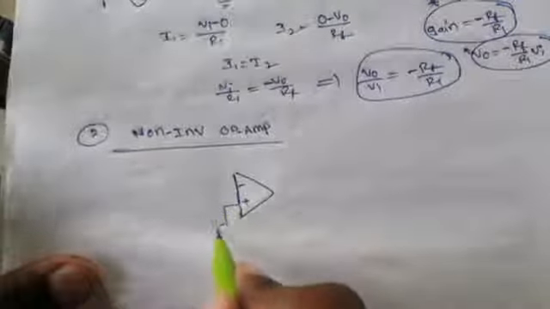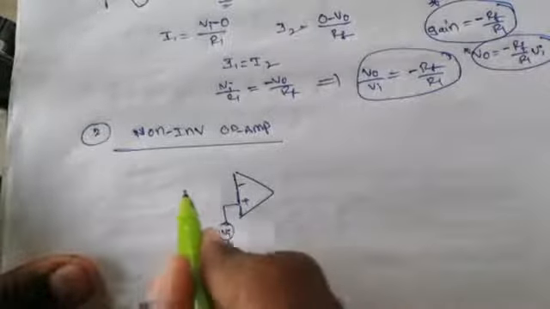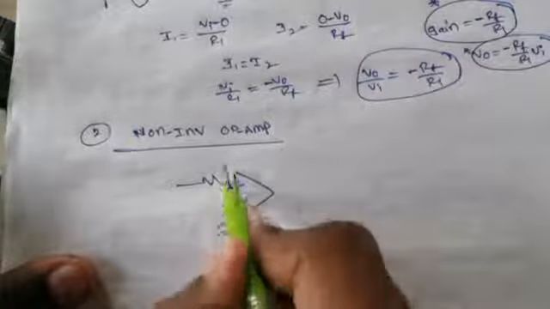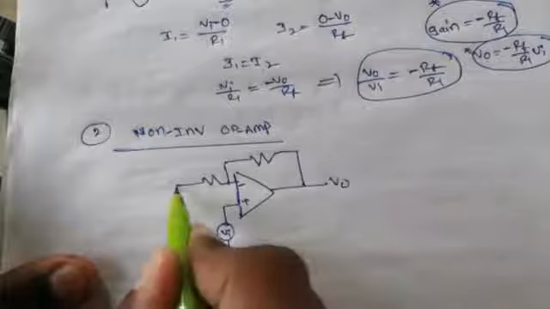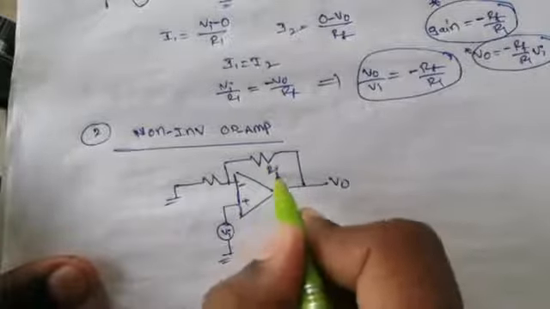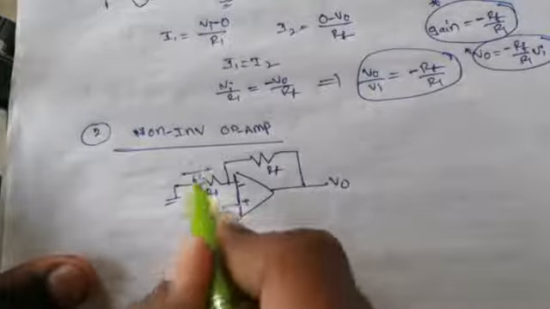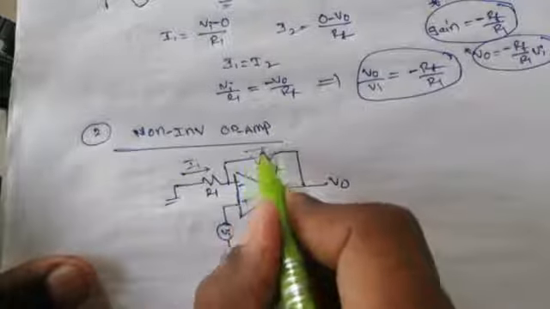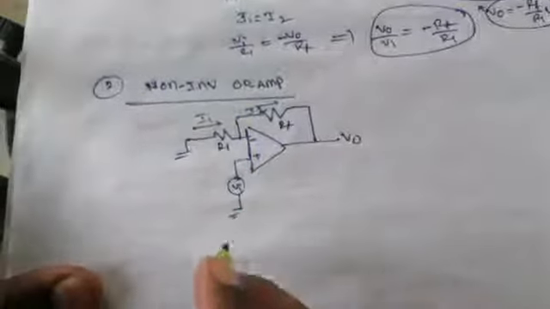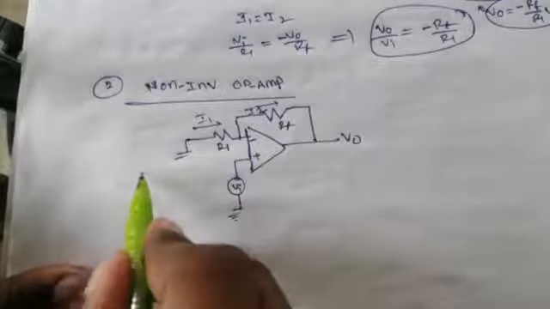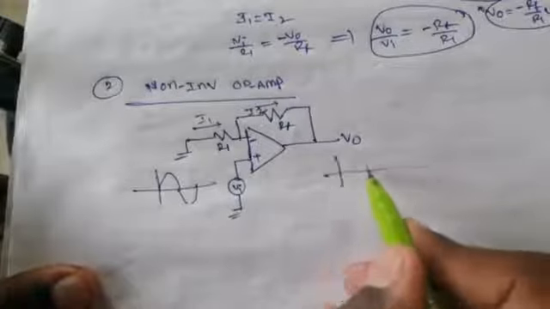Here we apply the input voltage Vi with respect to ground, and the inverting terminal should be grounded through the corresponding feedback path. This one is RF, this one is R1. The current through this network will be I1, and the current through this network you can assume to be I2. And now, since it is non-inverting, the input voltage you can take as a sinusoidal signal, and the output is also the same.